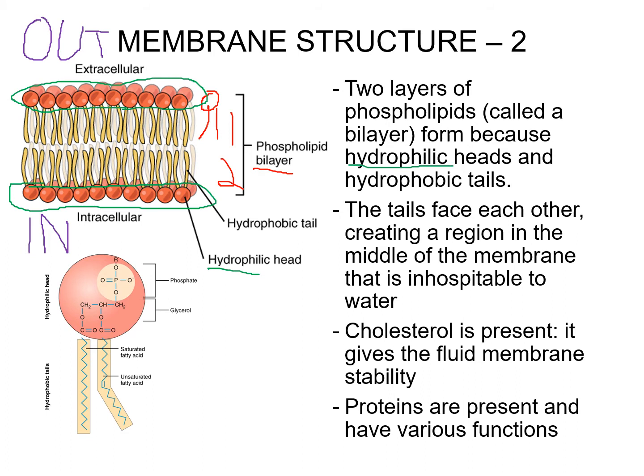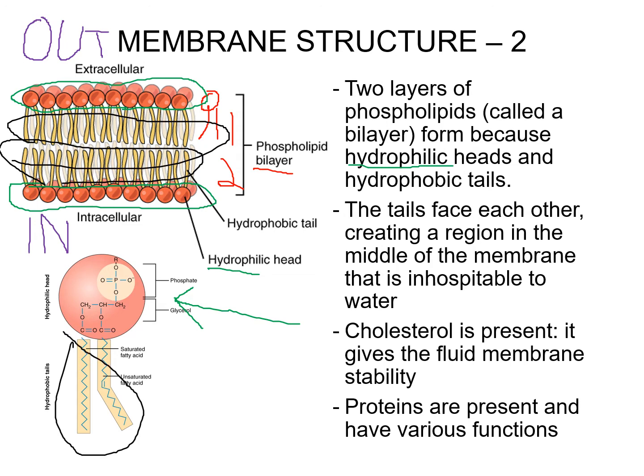And you can see, if you want to actually look at the molecular structure of a phosphorus head, it's a phosphate group with a glycerol molecule, that sugar that connects to those fatty acids we talked about. And then the stuff that I will be circling in black, that is the hydrophobic part. Those are the fatty acid tails that do not like the water. Once again, phobia, don't like, afraid of, that kind of thing.